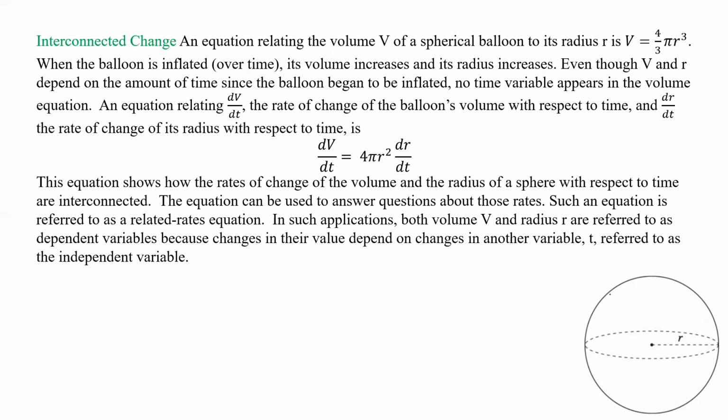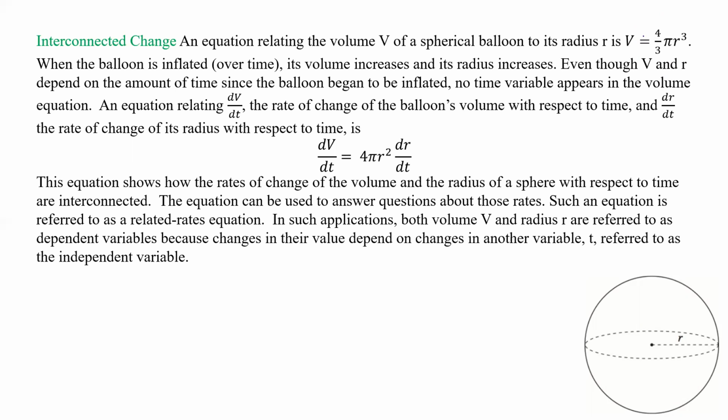As the volume increases, our radius is also increasing. We might start with a small radius and it gets bigger and bigger as time goes on. And so even though our V and our r depend on how long it's been since we started to inflate the balloon, we don't have time involved in our function here.